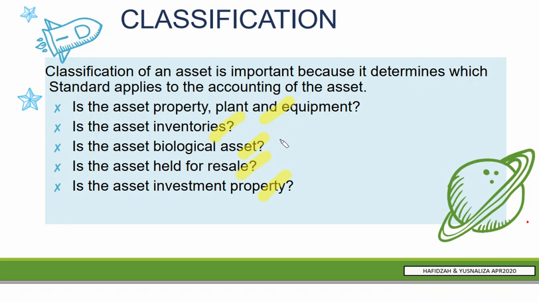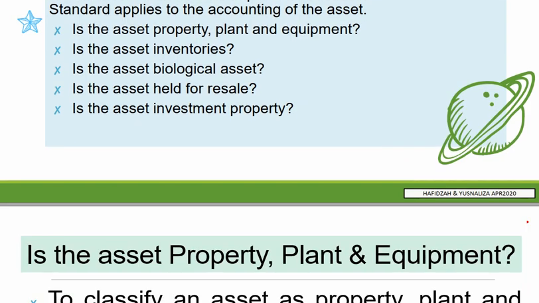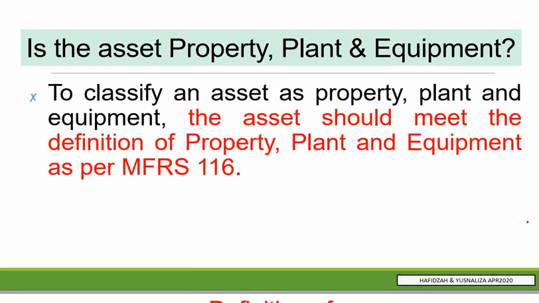Next, we are going to look at whether the asset can be classified as property, plant, and equipment, as per our topic. To classify this asset as PPE, the asset should meet the definition of property, plant, and equipment.